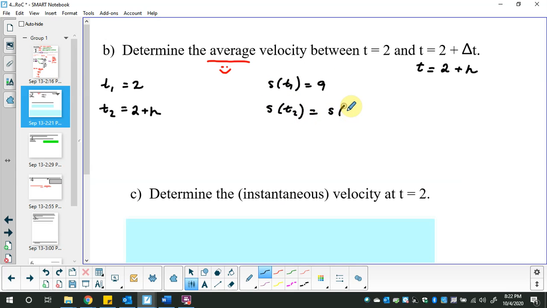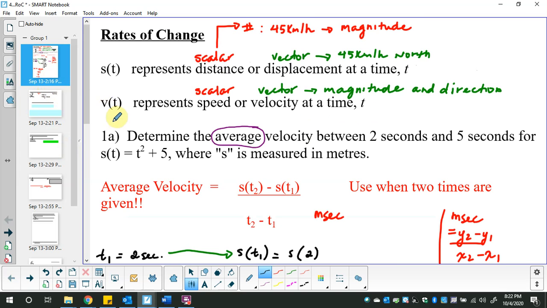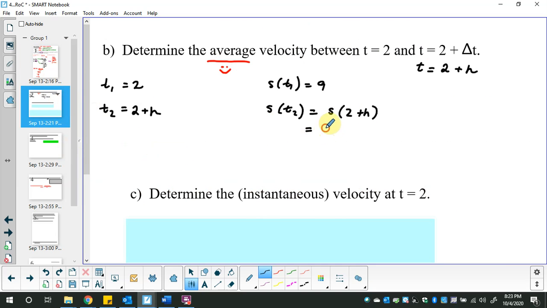I have to do s at 2 plus h. So I'm going to go back and find my formula, which is t squared plus 5. So we're doing all the same things. T squared plus 5.